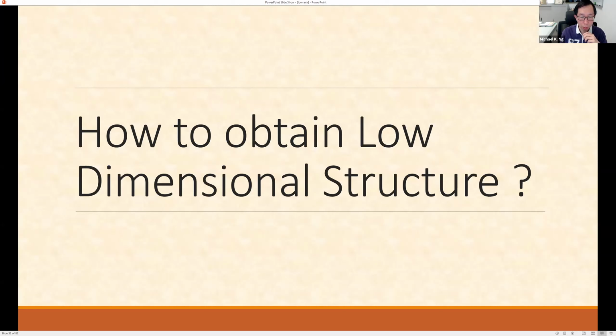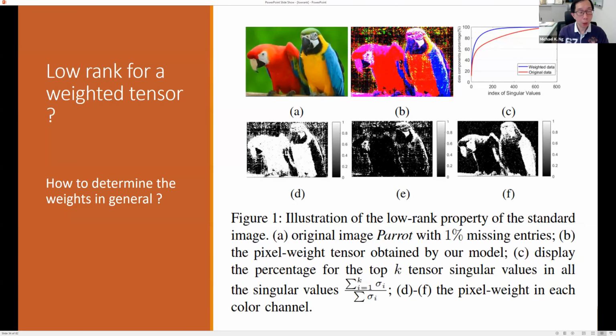One idea is that we can use weighting. For example, this is a color picture. So in the channels red, green, blue, you put different weights such that you can get a much better low-rank structure inside. Of course, how to determine the weighting is still something you can formulate as an optimization problem. Actually, in this paper, we do it this way.